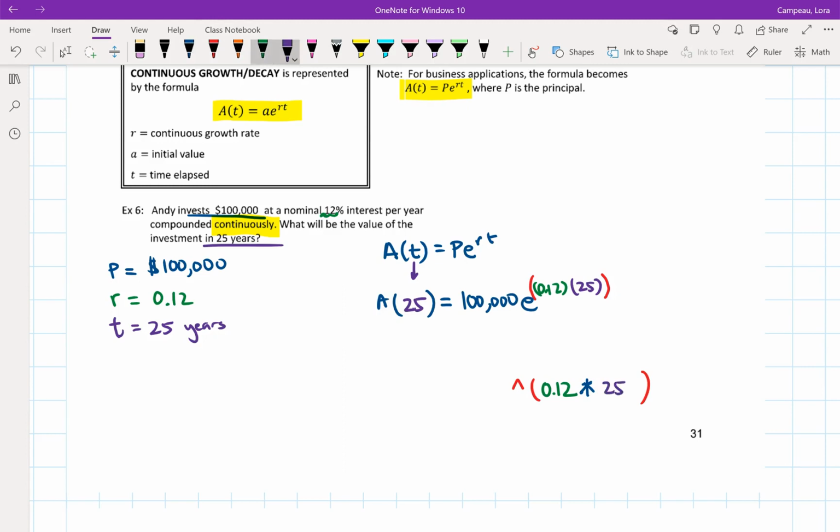That leaves us with the E, and then generally we would have 100,000. I'm kind of paranoid, so I would use another multiplication symbol. That's something I would notice if I were using the TI-83 or a TI-84 that forces us to use the exponent key.